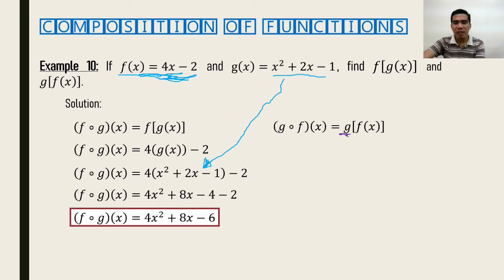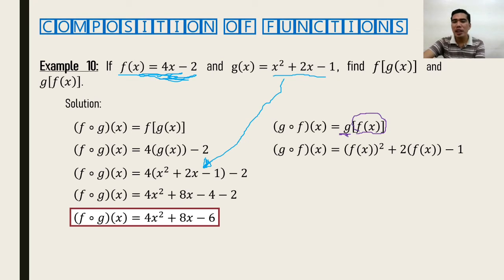We have x squared plus 2x minus 1. What do we substitute for all the variables? It is from f of x. So, instead of x squared, it becomes f of x squared plus 2 f of x minus 1.